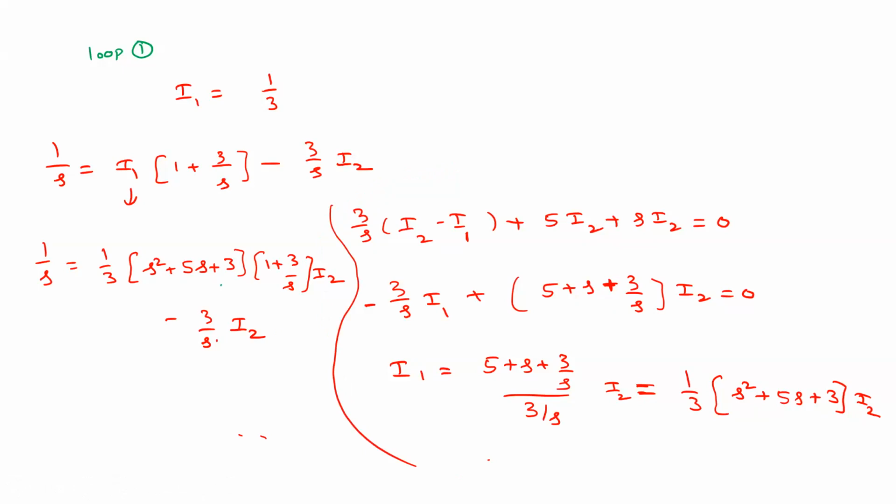Tell me what you will get. I think we multiply with 3S, since we have S here, and that gives the proper answer. So what is the equation you will get? What is the value of I2?